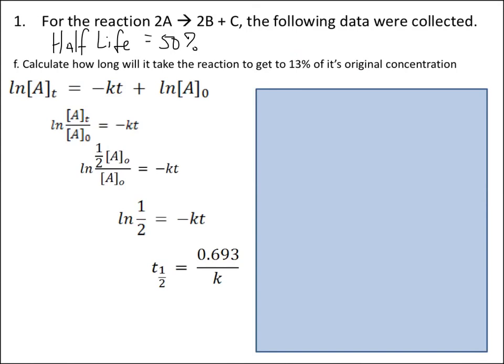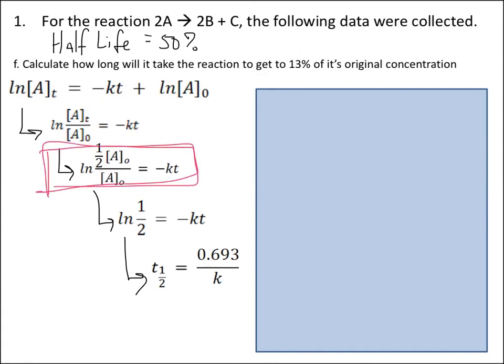And so let's take a look at how we derive this. And this is something that we went over in the notes, right? It's just the derivation of the half-life. And so from step to step, what we're going to really focus on is this particular step right here, and more importantly, exactly where we got this half initial concentration, and it's because the half-life is half of the initial concentration.